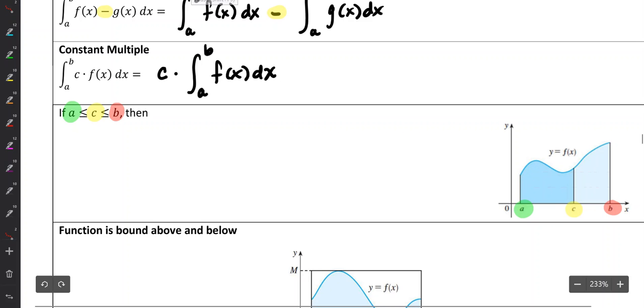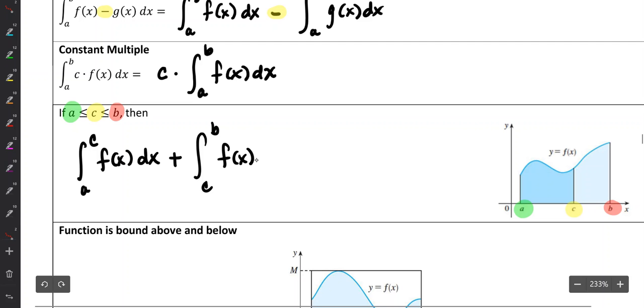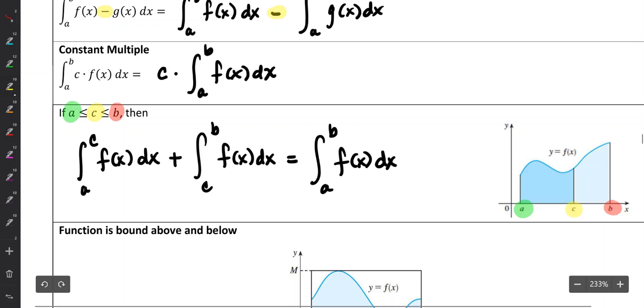So we can write it like this. Integrating from a to c and then integrating from c to b is the same as just integrating from a to b. We need to pay attention to the order of these numbers, right?